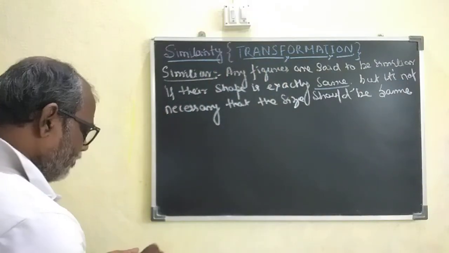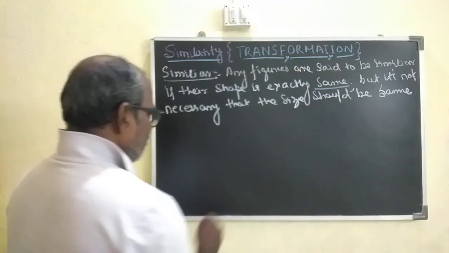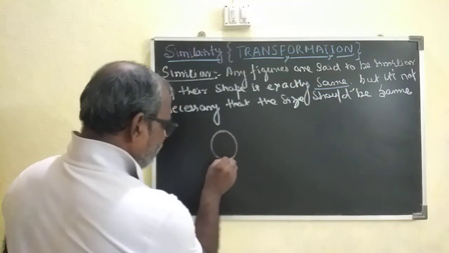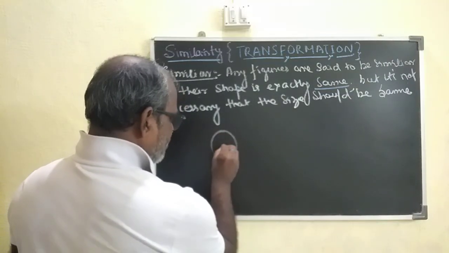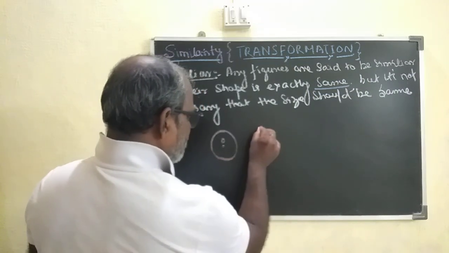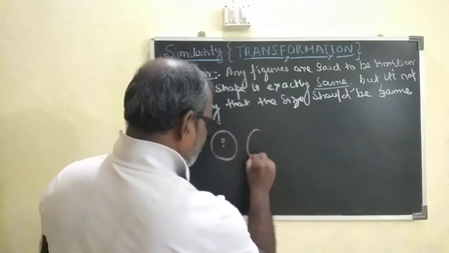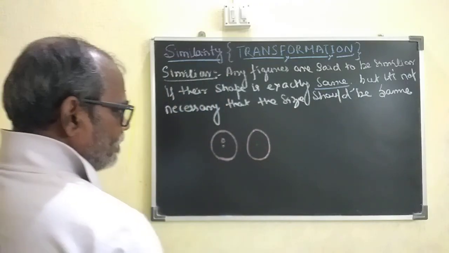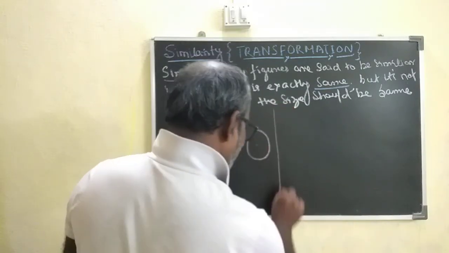So let us draw 3 figures. The very first figure, let us draw a small one. Everyone can say that this is a circle with center O. Now let us draw another figure, this is also a circle with center O. Again, let me divide this.